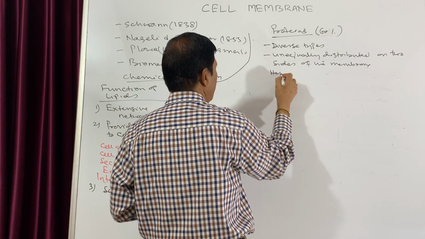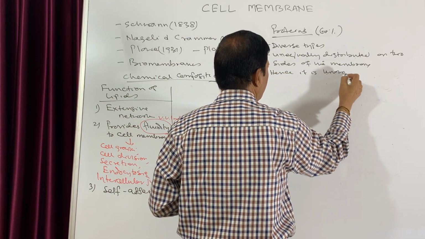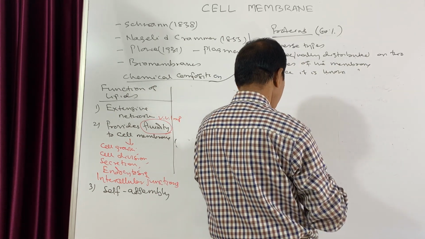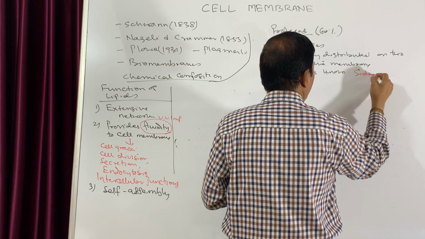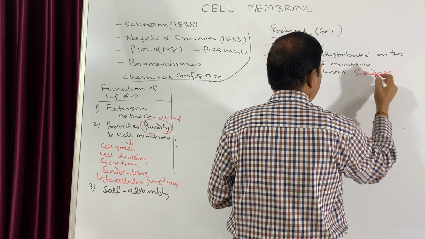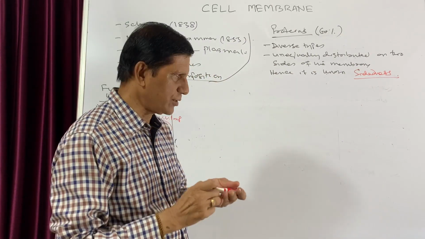Hence, it is known as sidedness. This is sidedness. That means unequally distributed on either side.